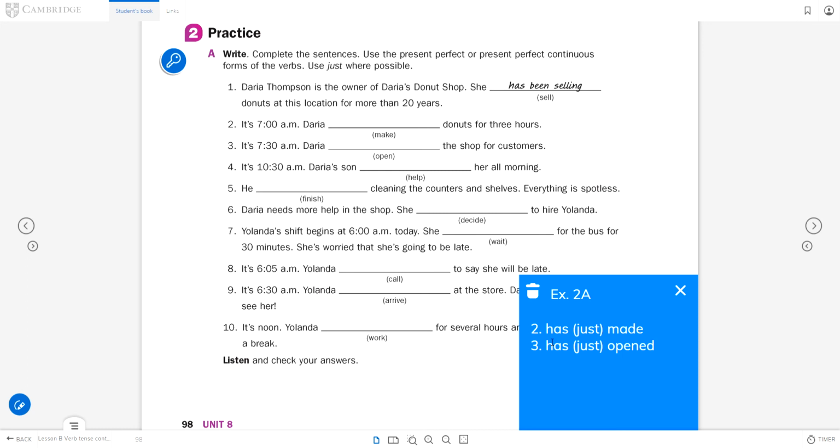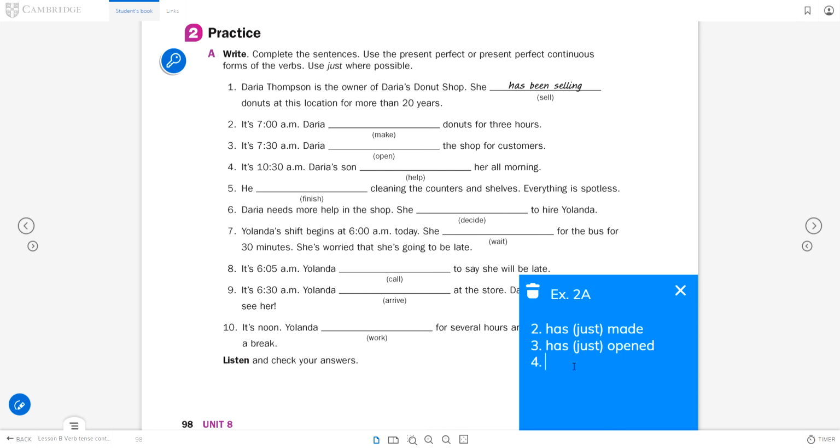It's 10:30 a.m. Daria's son helps her all morning. And here it is a little bit different. It gives me the idea that it's been going on and it will continue to go on in the future.